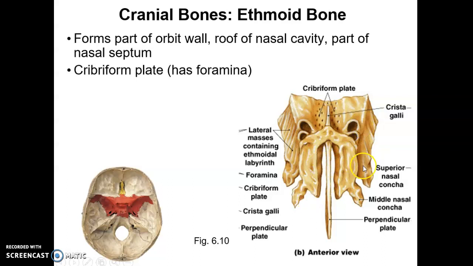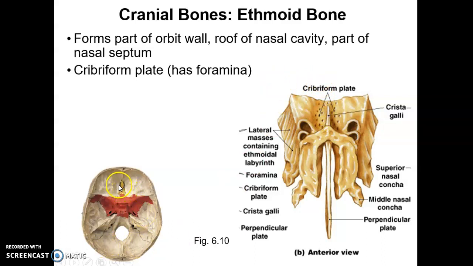So this would be in the nasal passages, and then odorant molecules that you breathe in would land on the epithelium here, on the skin here, and then be picked up by those endings of those neurons, and then transmitted through the olfactory bulb into the brain for olfaction, or smelling.